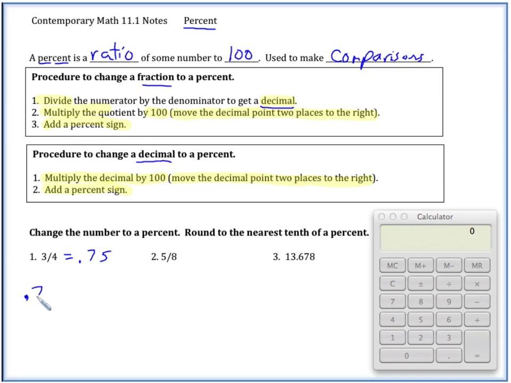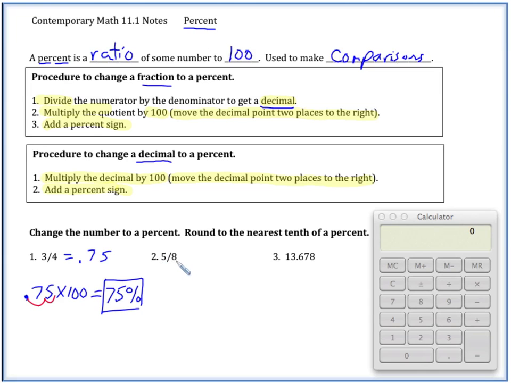So 0.75 times 100. And that's going to essentially move the decimal point 2 places to the right. So we can look at that there, that this would go 2 places to the right. And so we end up with 75. And then just add a percent sign. So we have 75% right there.